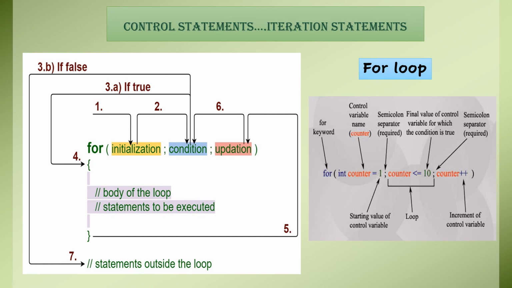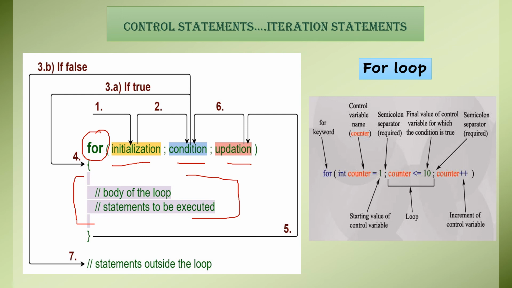Next is the for loop. The for loop is used when we know how many times we want to execute these statements. Here initialization is there, then the condition is written, then updation, and this is the body of the loop. First initialization is done, which is done just once, and then the condition is checked.